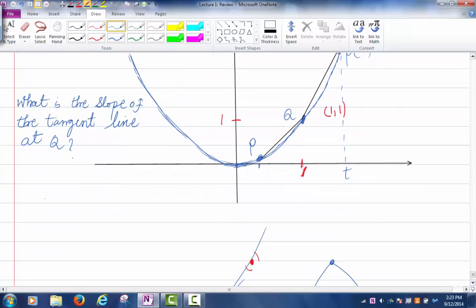So what's the slope of the line segment joining P and Q? And I'm going to denote this by m of t, okay? So m of t will denote the slope between the points P and Q. And what is that slope?